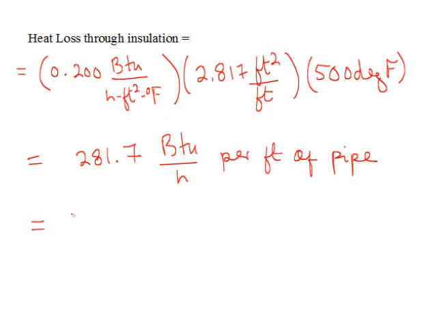In the SI system, the equivalent value would be 254.9 watts per meter length of pipe.